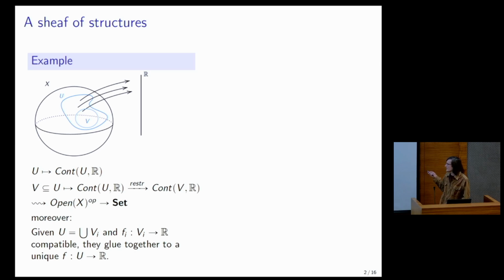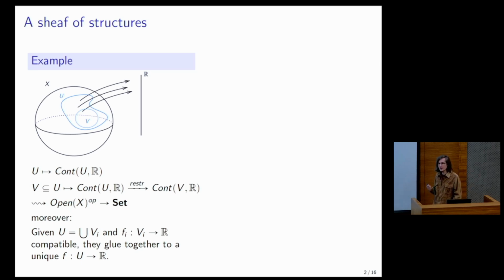So here's an example: you have some topological space, and for every open set in this space, you send that to the set of continuous functions from that open to the real line. And now if you have some smaller open, then you can restrict, so you get a map in the opposite direction, which means that you have some contravariant functor from the lattice of opens to the category of sets. So that is called a presheaf.